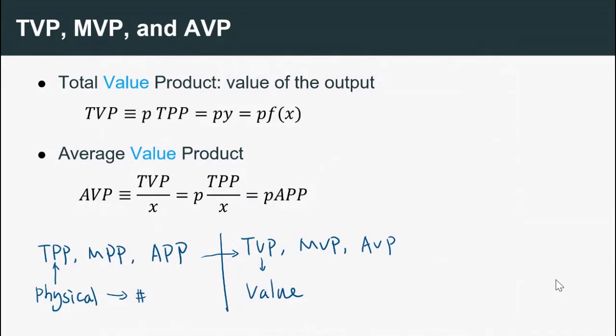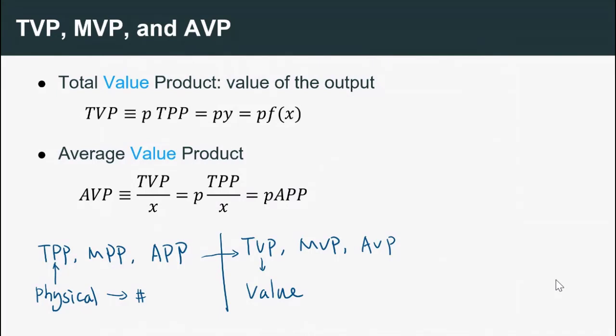So here TVP is defined as P, the output price, times TPP. TPP is your output in physical quantities, and P is the price of the output, which is usually dollars per unit.